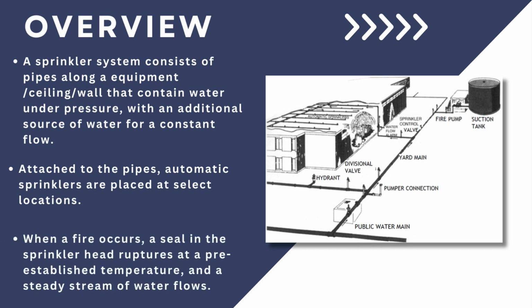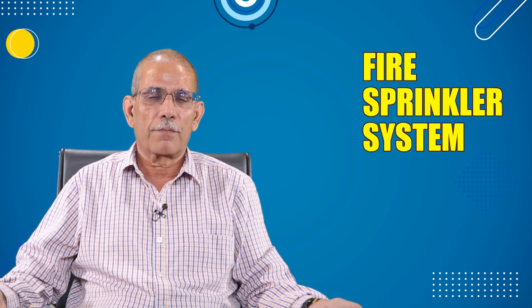When a fire occurs, a seal in the sprinkler head ruptures at a pre-established temperature and a steady stream of water flows. The sprinkler system mainly consists of a fire pump and a yard main, public water main, pumper connections, divisional wall, hydrant and many more parts. This figure is given for a wet pipe automatic sprinkler system.